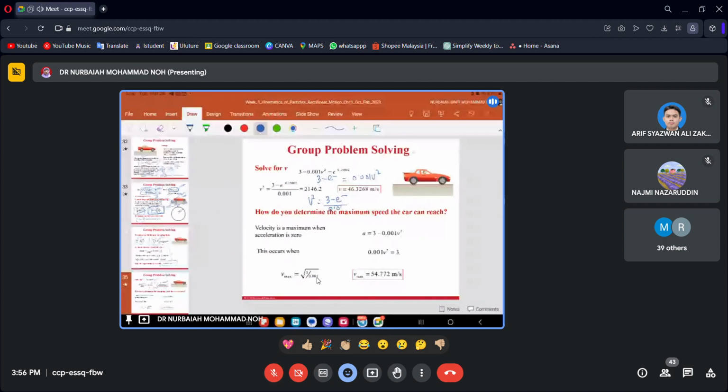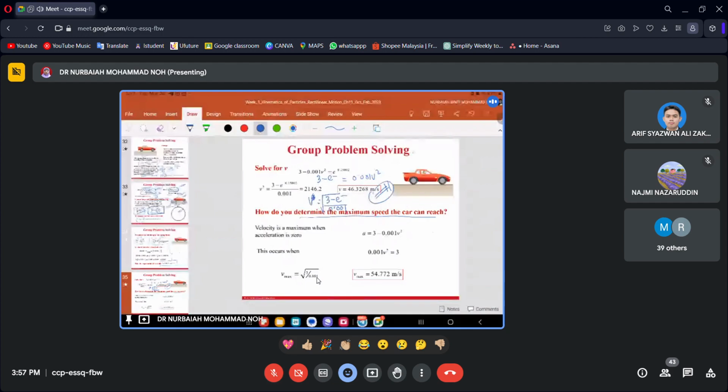Because we want to get the velocity, remove the square and take the square root. Then we get this final velocity. Okay, so this is the result. The result of the velocity after it travels half lap on the route. Okay, and then what does it say? Determine the maximum speed the car can reach.